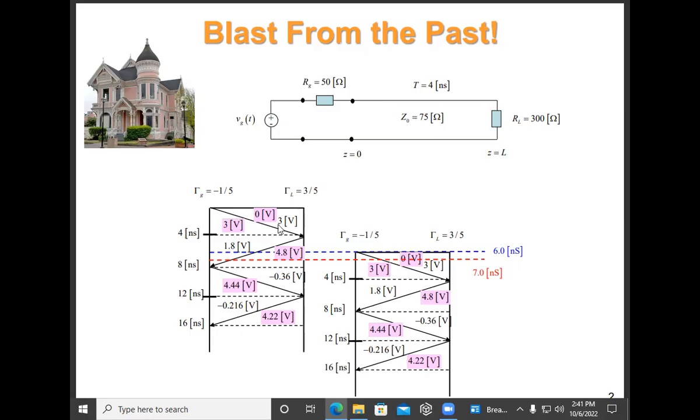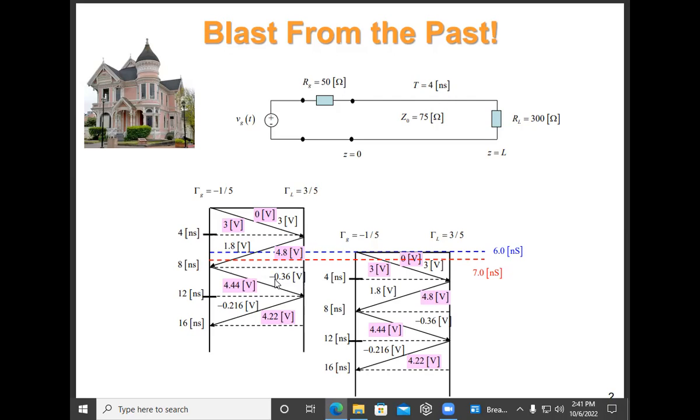So 3 volts comes down, hits the load, reflection coefficient is 3/5. So notice I'm labeling all these waves first. So 3 volts times 3/5 is 1.8. 1.8 comes down, hits the generator, reflection coefficient is minus 1/5. So minus 1/5 times 1.8 is minus 0.36.